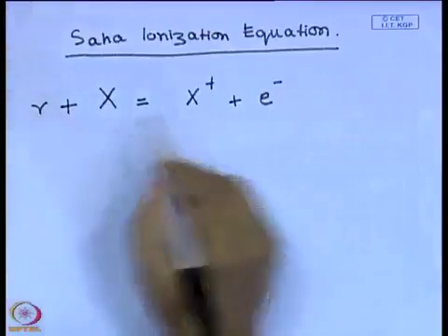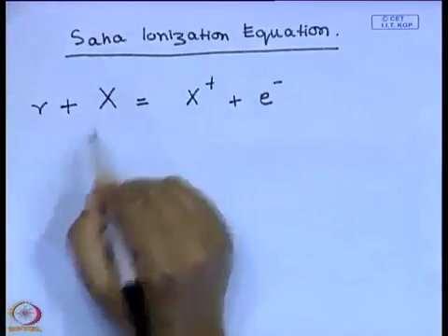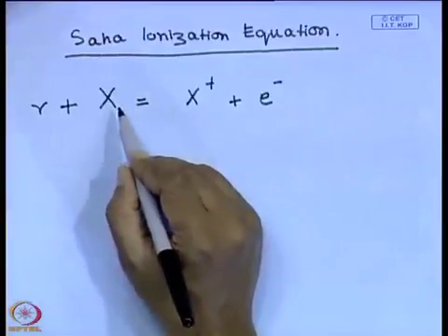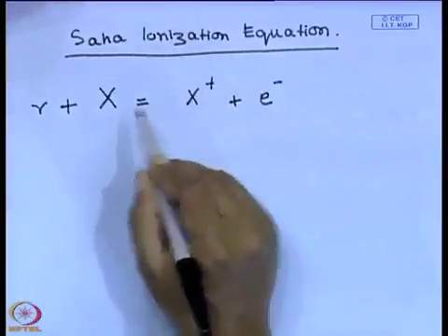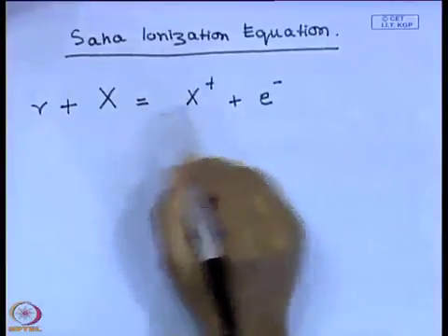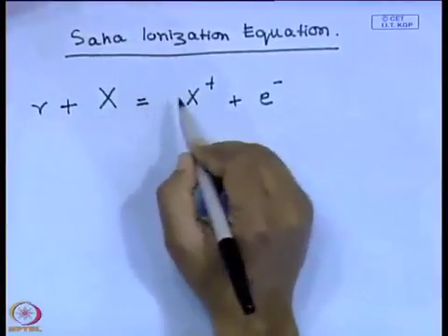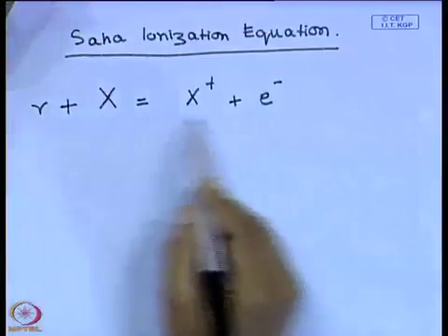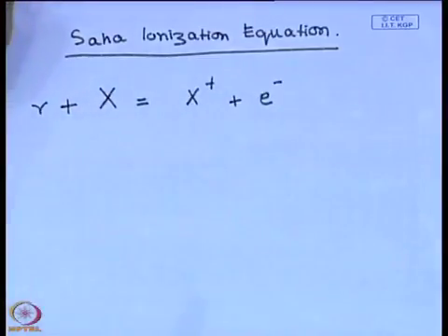The same thing could also be applied in principle to study the transition from a singly ionized state to a doubly ionized state, etc. So, it is not only for the first ionization, but for subsequent transitions to higher ionized states also. In general, we are going to consider a situation like this.